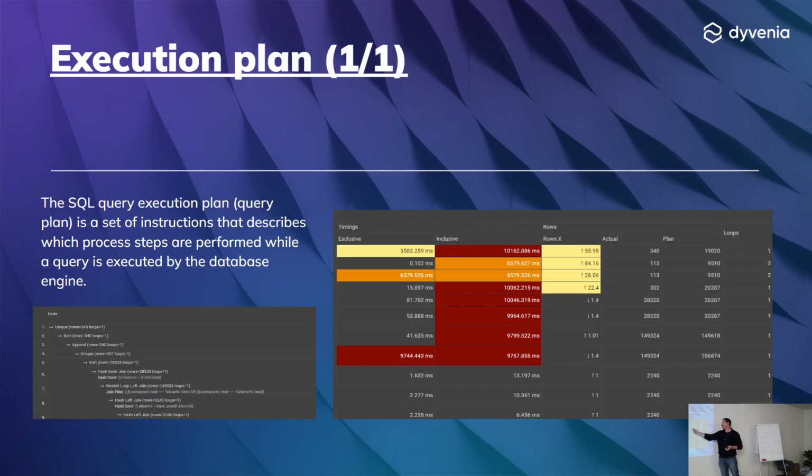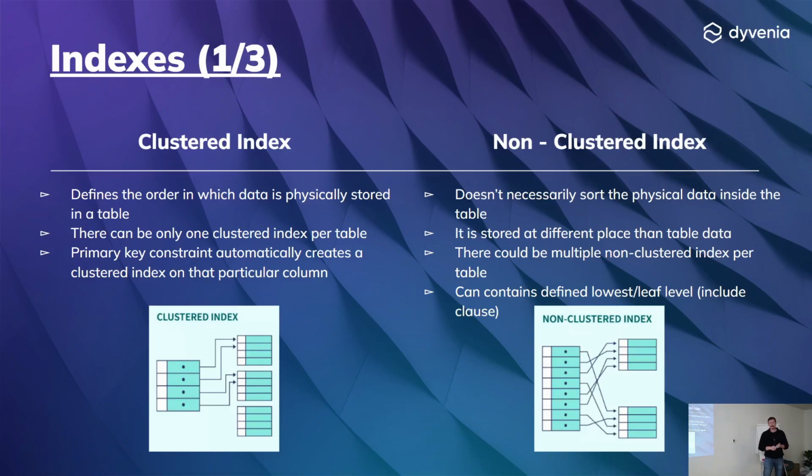So it made a mistake by almost 55 times in that particular case. Loops is how many times the server ran that particular task. As we can see, 3, 3, 1. That's how it looks here. We'll go through it also during our exercise.